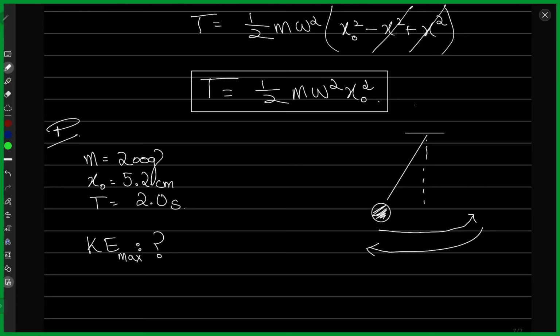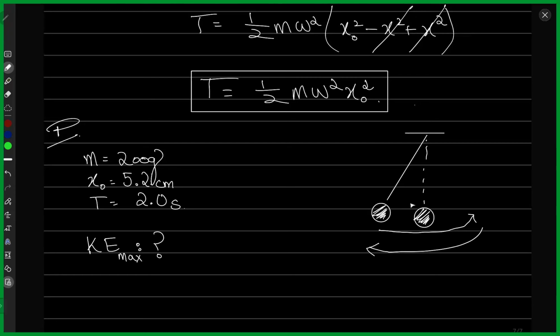Anyone? Where its potential energy is 0. Yes. And where would the potential energy be 0? When the string is straight. So at the center, over here. This position is also called the mean position.